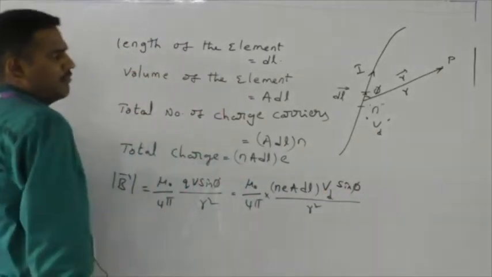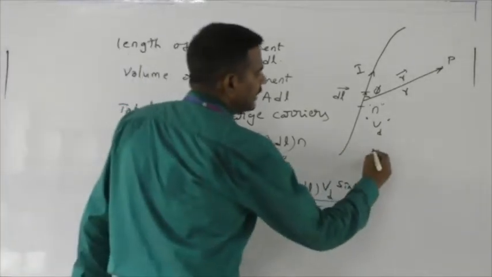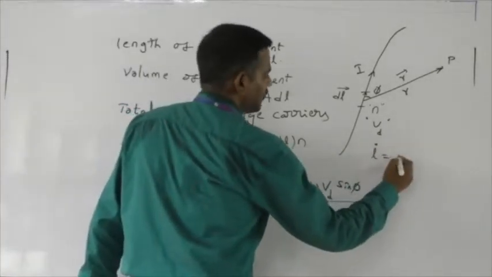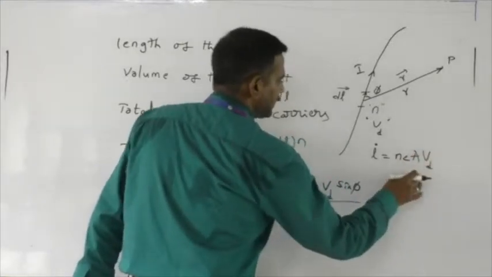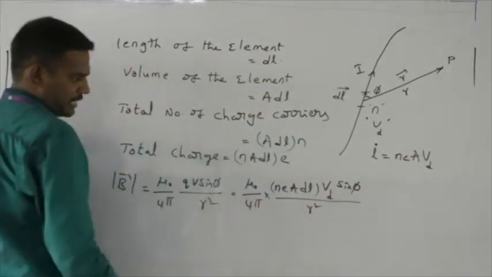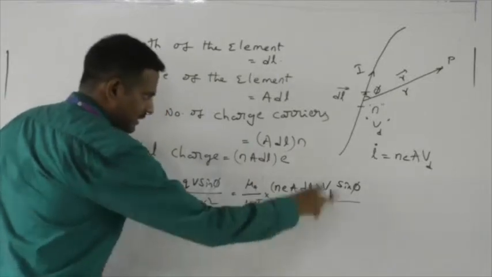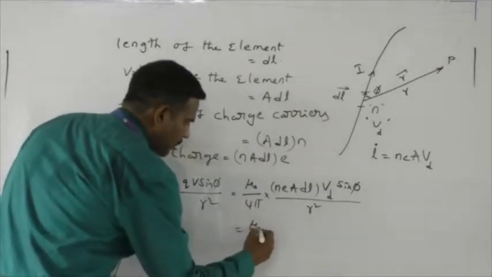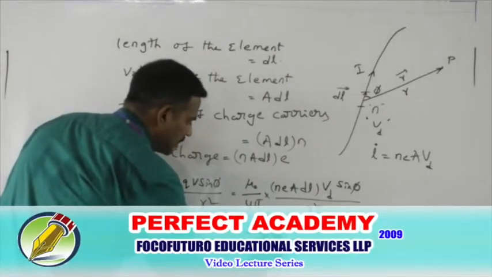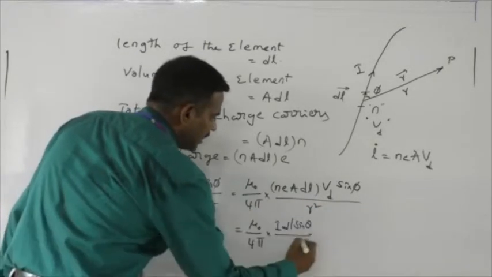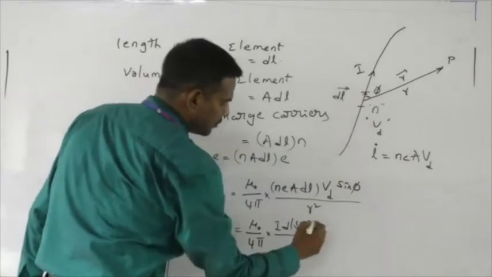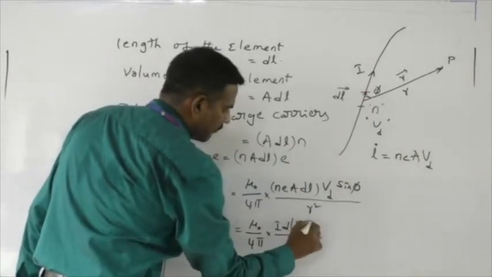We know very well from the current electricity topic that the relationship between the current and the drift velocity is I equals n e A Vd. The same thing I would like to take back to here. So I can rewrite this expression as mu naught by 4 pi times I dl sin theta divided by r square. Here I have written phi, so let me rewrite this: sin phi.